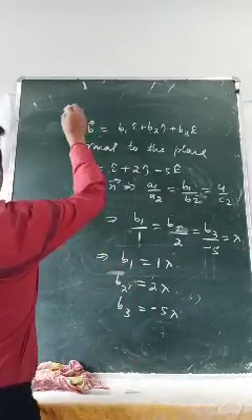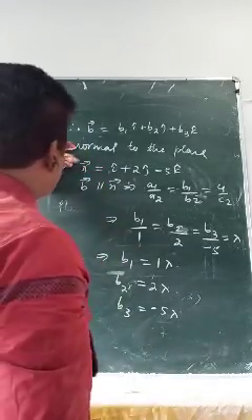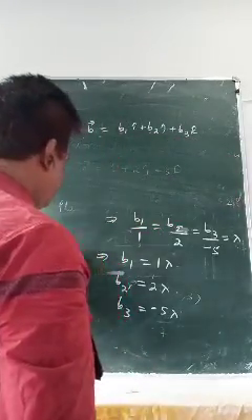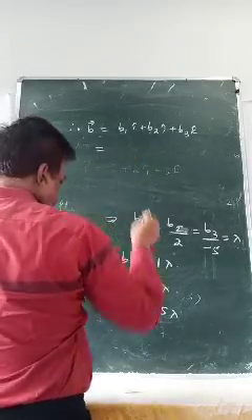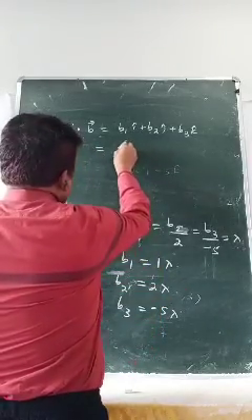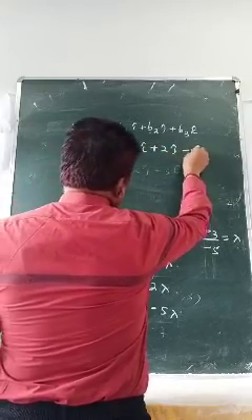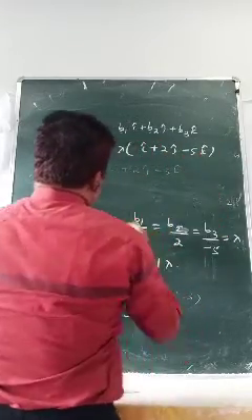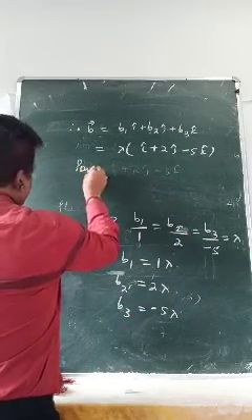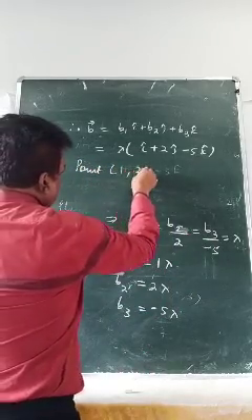Therefore the b vector equals lambda is there, you can take out lambda here, i plus 2j minus 5k. What is the point? The point is 1, 2, 3.